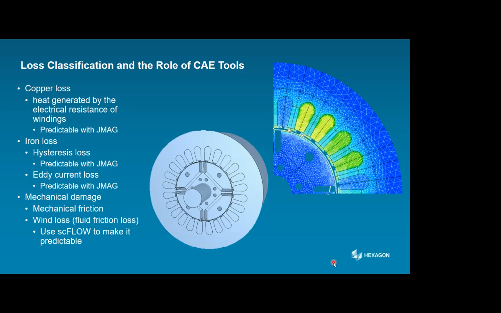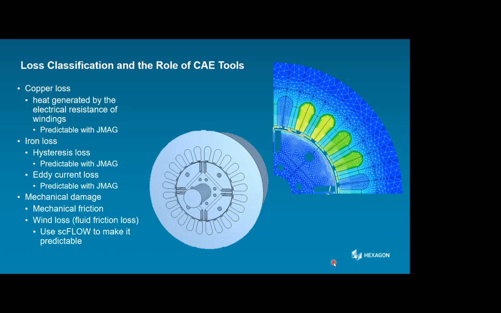So copper loss, for example, calculates the heat generated by the electrical resistance of windings and is predictable with JMAG. Iron loss, so we can consider the hysteresis loss and the eddy current loss, and both of them are predictable with JMAG.